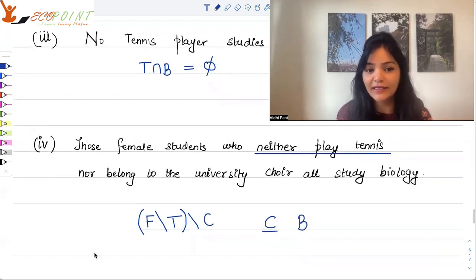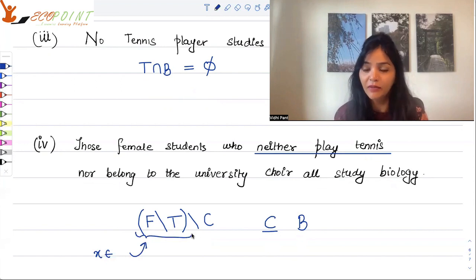So any student who belongs to this group, that is, female students who are neither playing tennis nor are in the university choir, belongs to the set of students studying biology. So this would be the correct notation for the statement given to you.